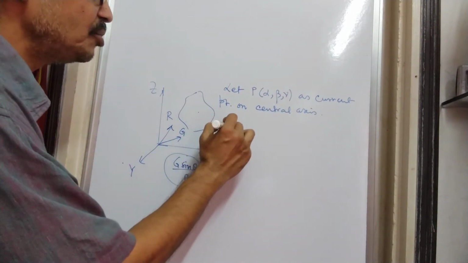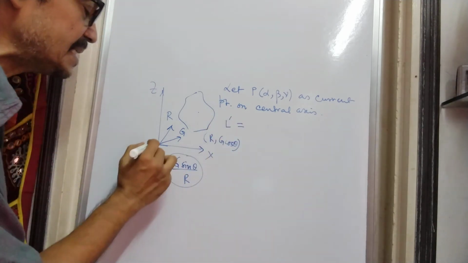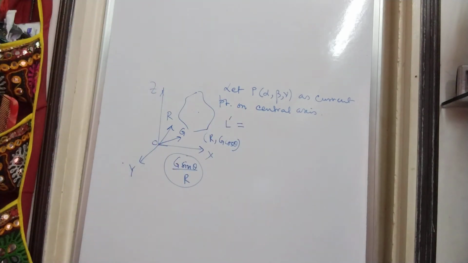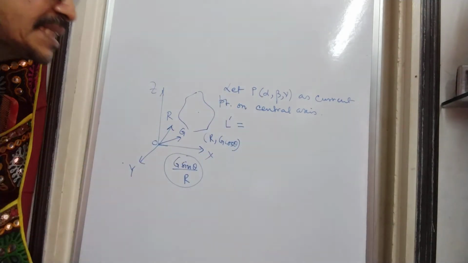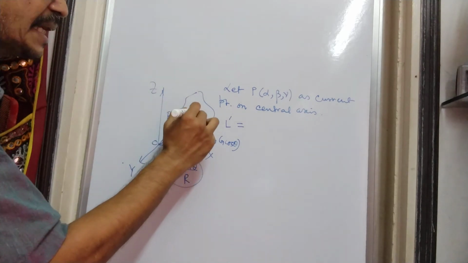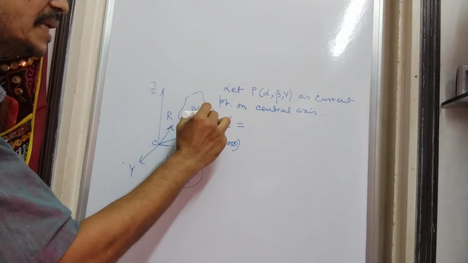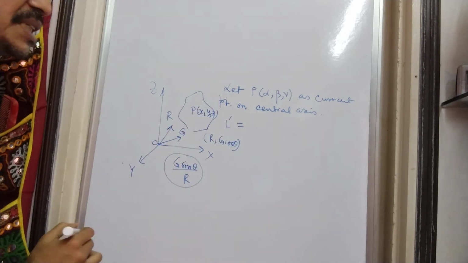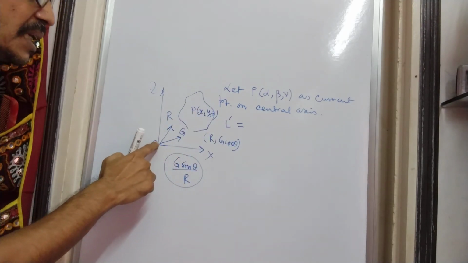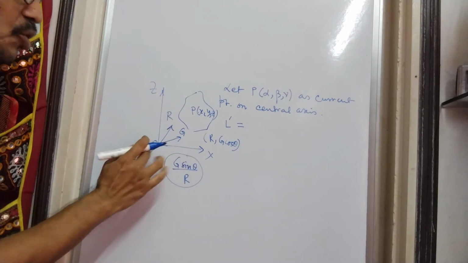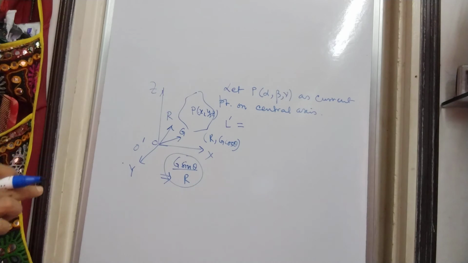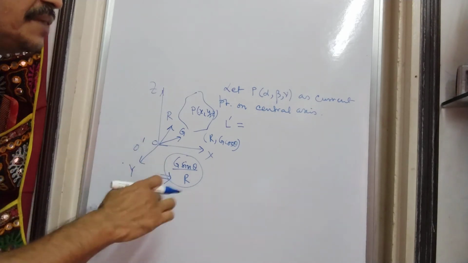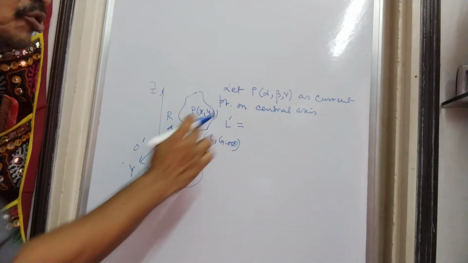Now just consider what will be L prime. Since this is our original O and it is shifted and the new coordinates are alpha, beta, gamma, since we have taken this as x, y, z with respect to this origin, we just shift the set of axes from this O to O prime, which is at a distance G sin theta by R from O. We shift the origin to this point, and what will be L prime?